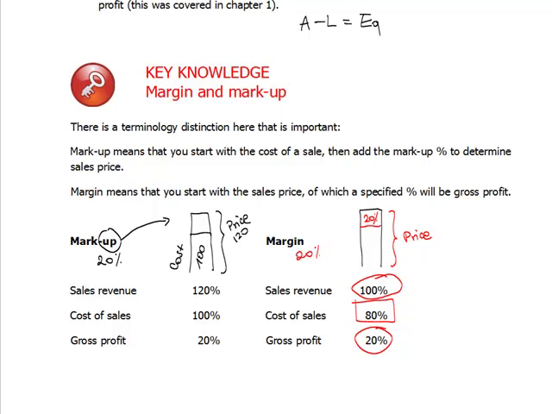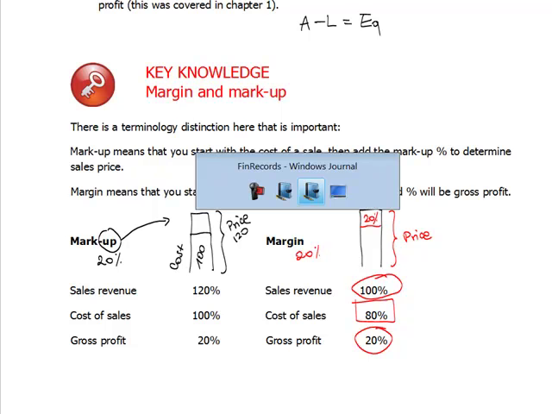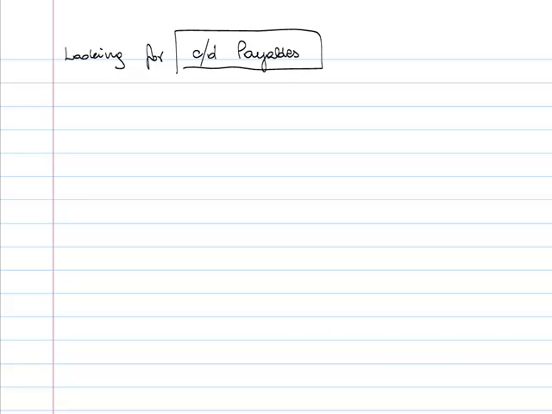Now, let's do a tiny example. What we will be looking for is the carried down amount of payables. Some of the information is missing.